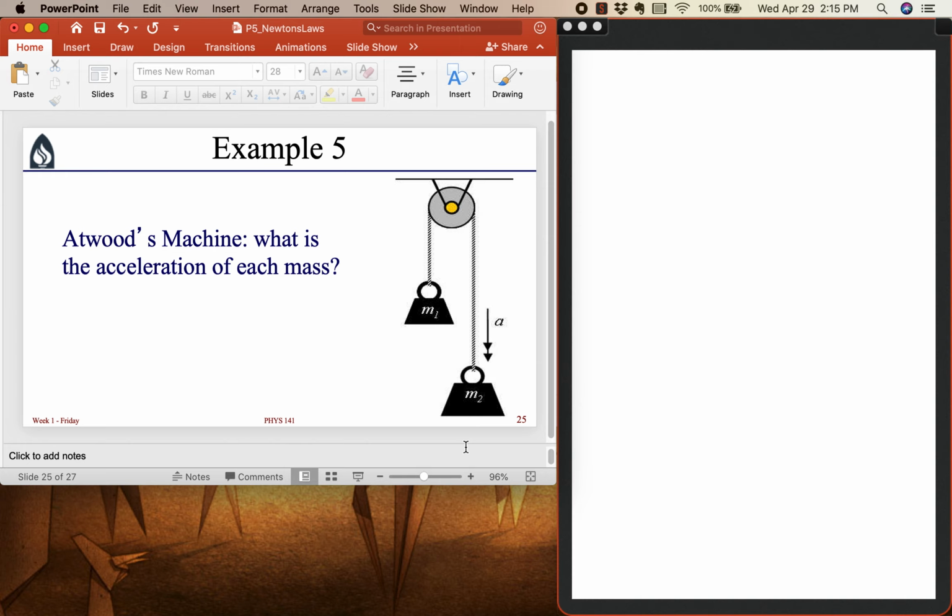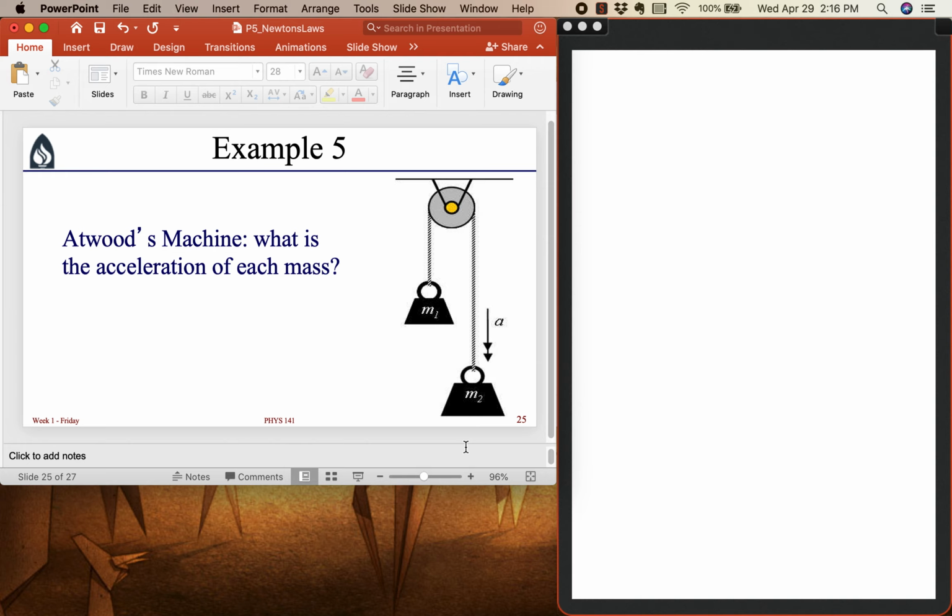So finally, let's consider a third problem involving forces and masses and accelerations. This problem involves something called the Atwood's machine. The Atwood's machine is a very simple thing. It's just two masses on a string, and the string is slung over a pulley. Now, of course, whichever mass is heavier is going to win, and will start accelerating downward while the other mass accelerates upward.